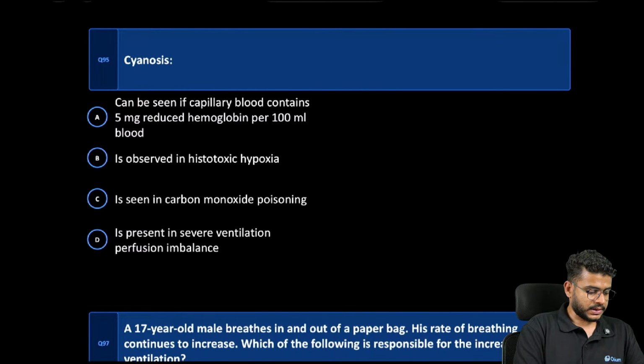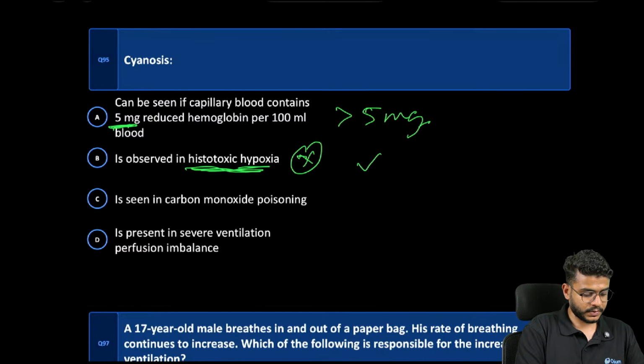About cyanosis, it can be seen if the capillary blood contains 5 mg reduced hemoglobin. No, more than 5 mg. Okay, more than 5 mg. Is observed in histotoxic hypoxia? No. Is observed in where?